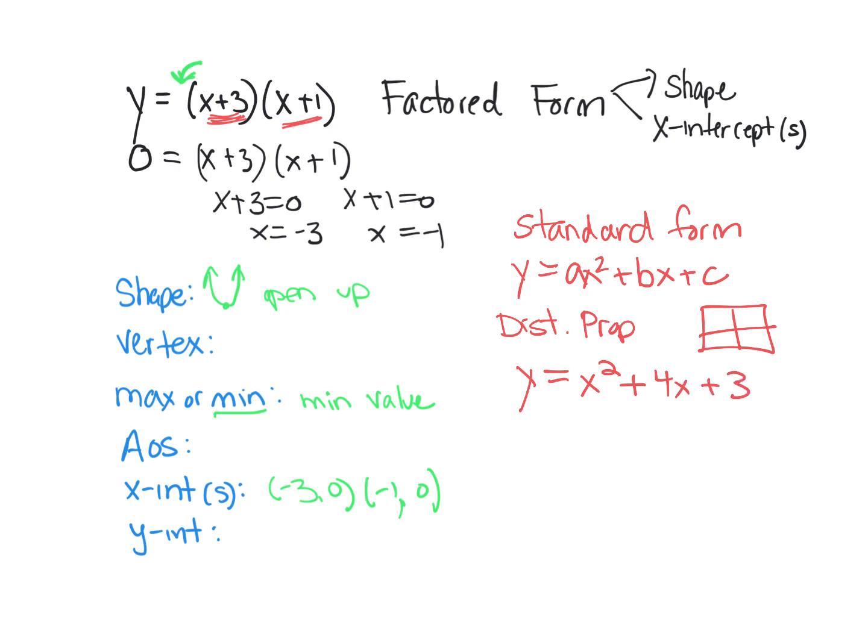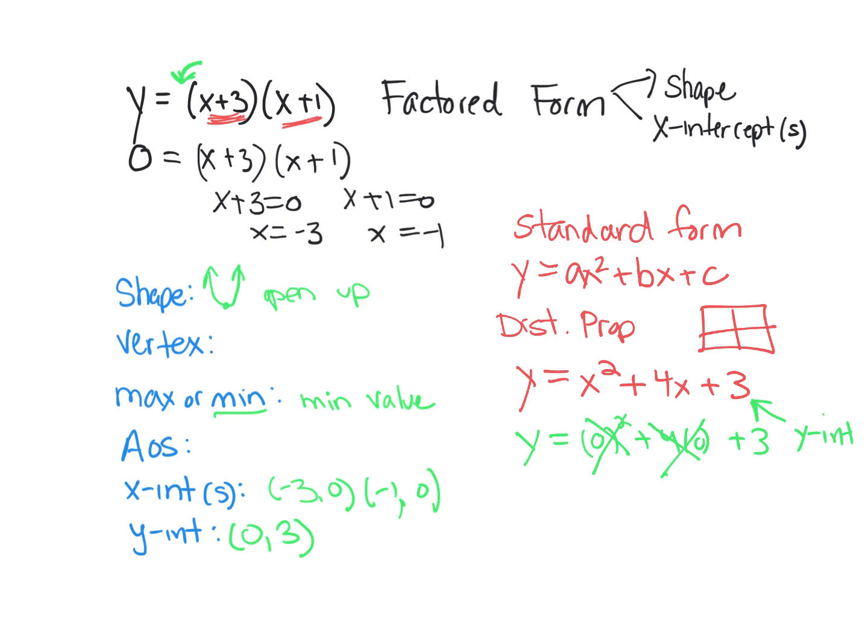Now, what I can know very quickly is, if I were to let x equal 0 and figure out what my y value is, 0 squared is 0, 4 times 0 is 0, y would equal 3. And we've talked before about that value there being our y-intercept. So we now know our y-intercept is at (0, 3).